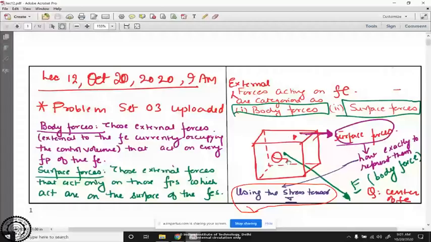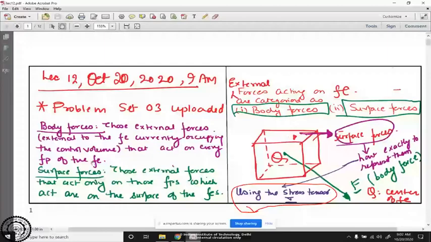And mind you, this segregation is, as I have highlighted here, only for the external forces acting on the fluid element. So this segregation is not in isolation. It is with reference to this fluid element, and only external forces are being considered for this classification. So body forces, to remind you, are those external forces, external to the fluid element currently occupying the control volume, that act on every fluid particle of the fluid element.